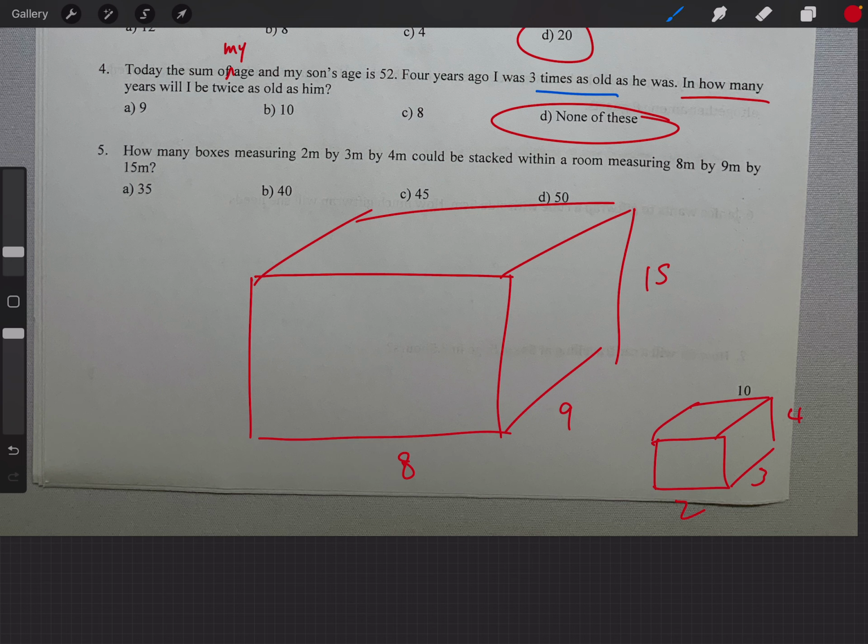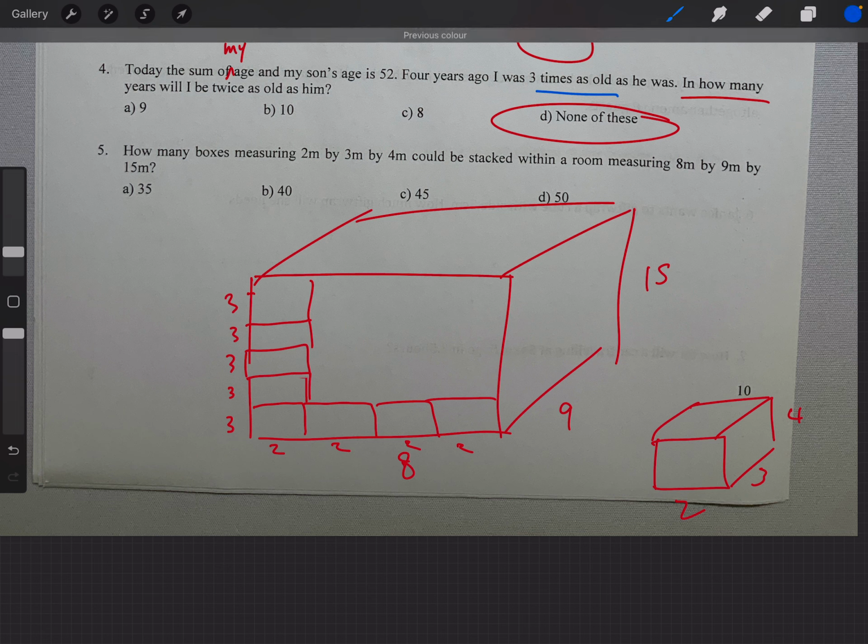And then for 15, I'll put 3. Oh, no, 5. So this is 2, I'll do 3 here, and 3. And that one 3. Okay. So 2, 3, and that means that the width must be 4 because it's 2, 3, and 4.